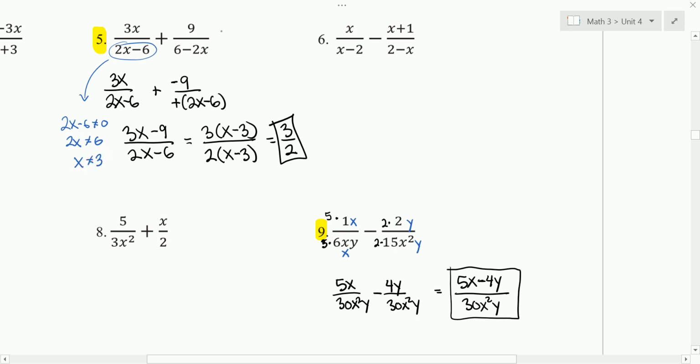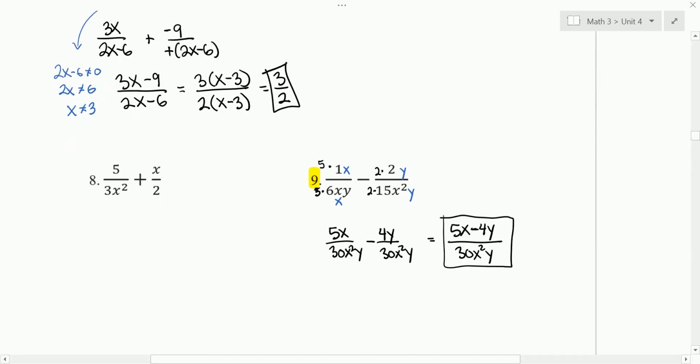And if we set 6 minus 2x equal to 0 and solve, we end up with the same thing, x cannot equal 3. So that's our excluded value for number 5. For number 9, we have that x cannot equal 0 and y cannot equal 0.